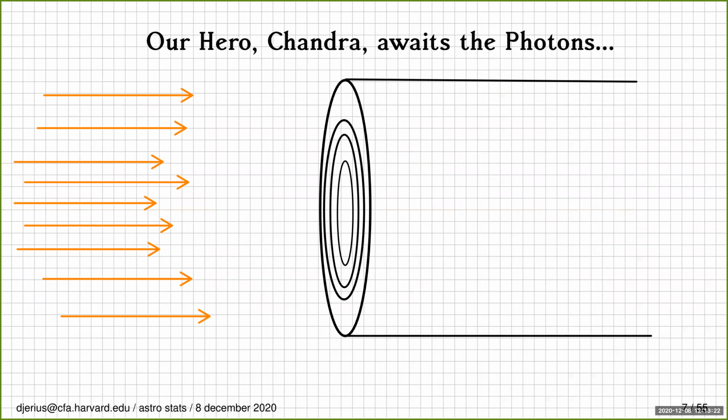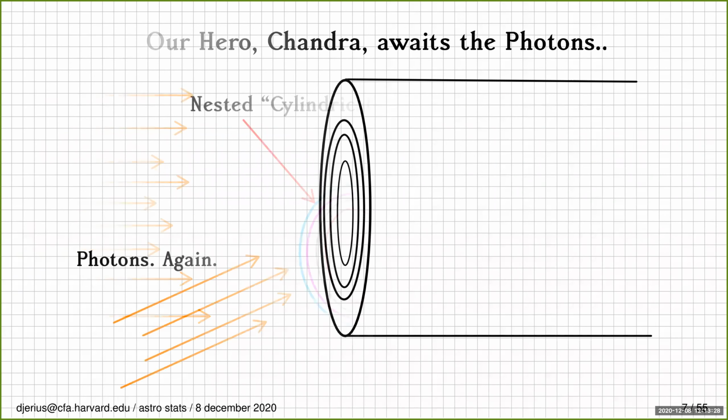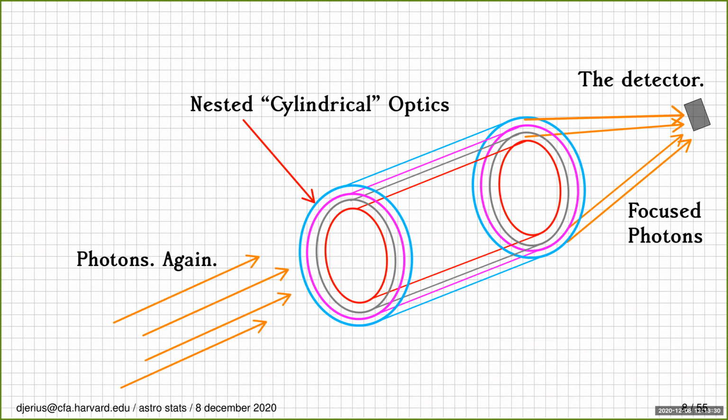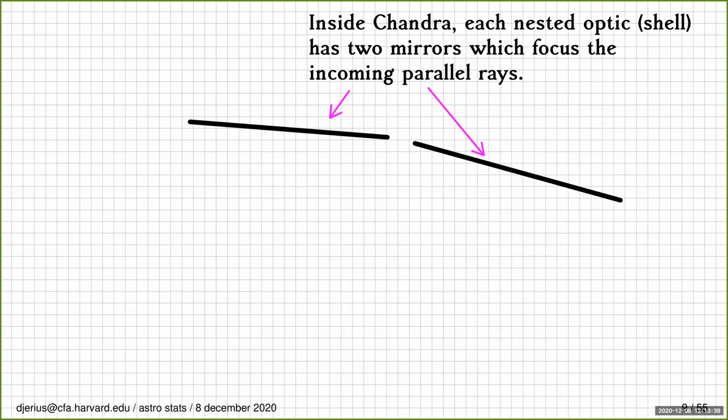The parallel rays impact our observatory. Our observatory has 4 nested cylindrical shells. And they are reflected off of mirrors inside of the shells. They get focused and they hit a detector.